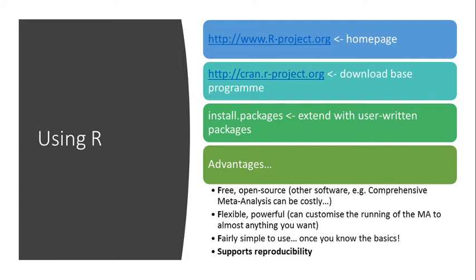So it has certain advantages against tailored software for meta-analysis. It's free. It's very flexible, so you can customize how to run your meta-analysis. It's fairly simple to use once you know the basics, and it also supports reproducibility because you can share the script that you use to run your meta-analysis.